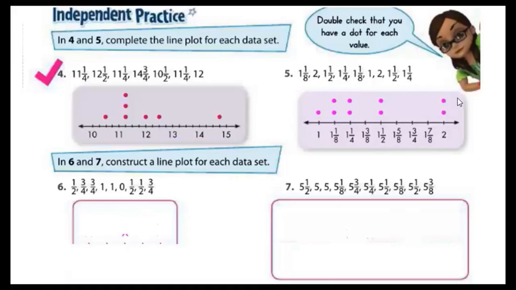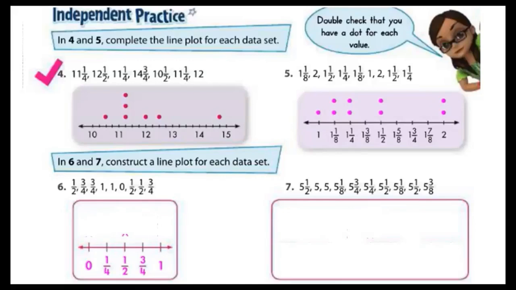Okay, we finished the first section in independent practice. Now the second one. In 6 and 7, construct line plots. It means to draw a line plot for each data set. So first, you have to draw the number line and determine, without repetition, the values over the number line.